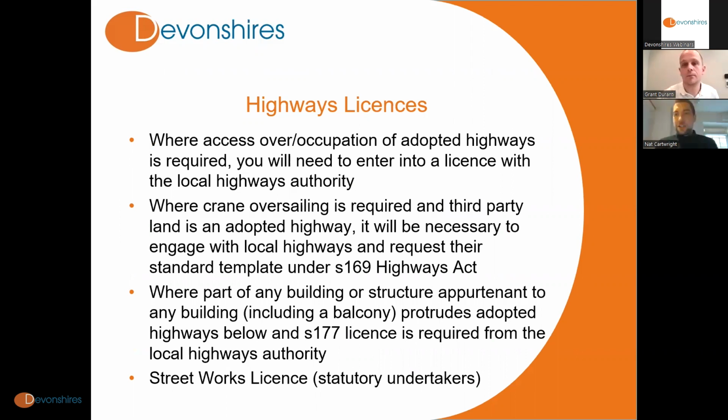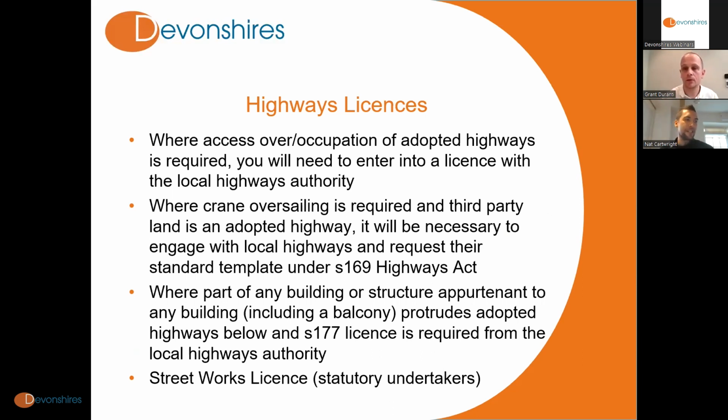Yeah, so I briefly touched upon this before, but where the adjoining or third-party land is adopted highways, you will need to enter into a license with the local highways authority. Here there are two examples. One we've already discussed, which is with the crane oversailing. Be aware that each local authority will probably have its own templates.